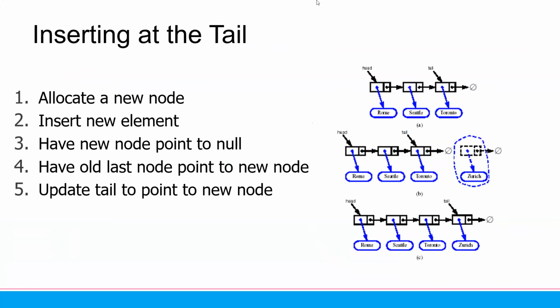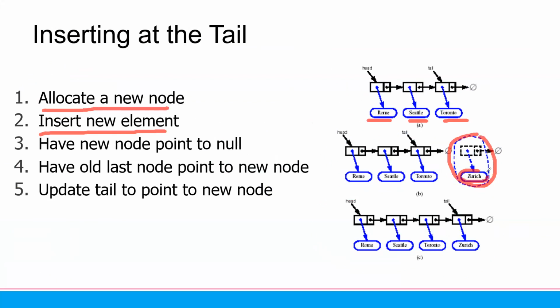Now, what if we want to insert at tail? If we want to insert at tail, first we will make a new node. Let's say that we have the sequence of nodes: Rome, Seattle and Toronto, like this. And then we can insert a new element. So this is a new node.